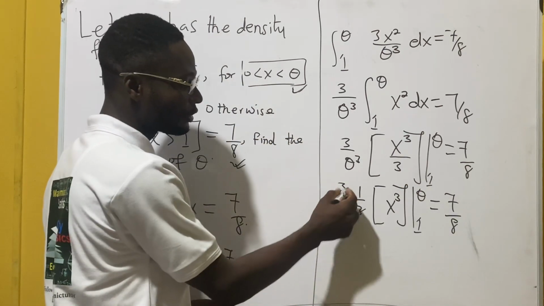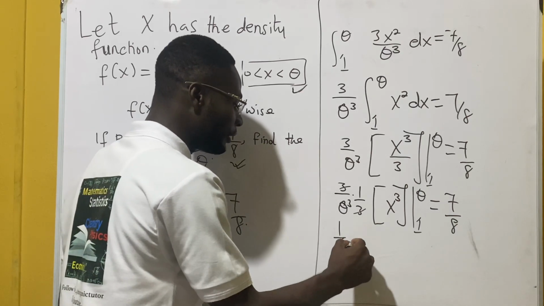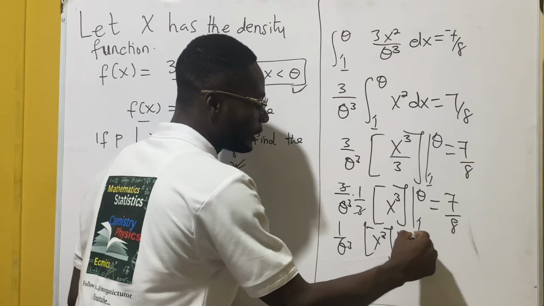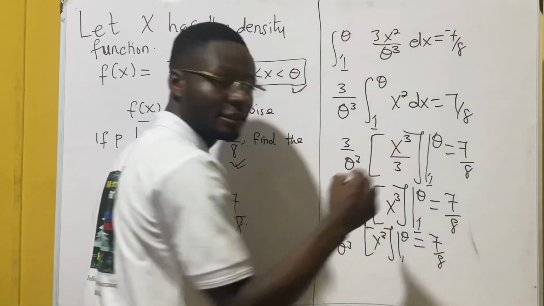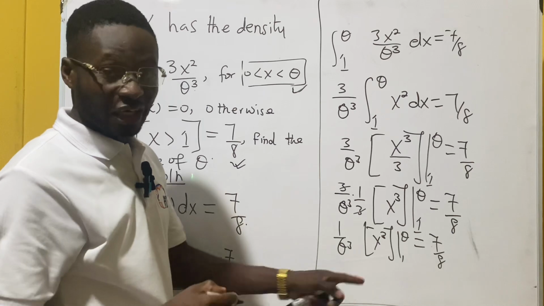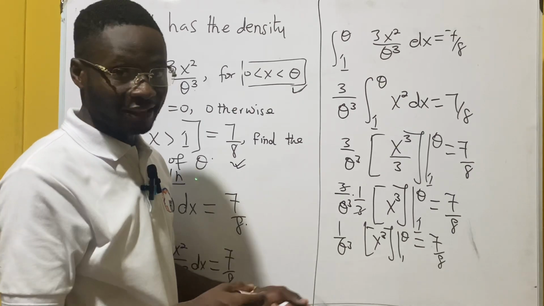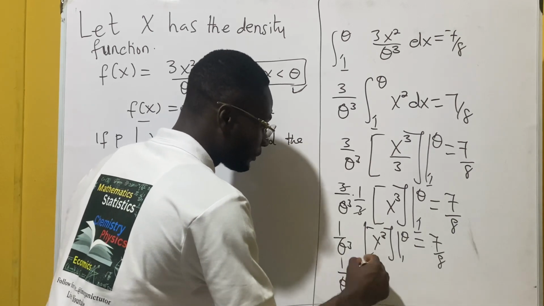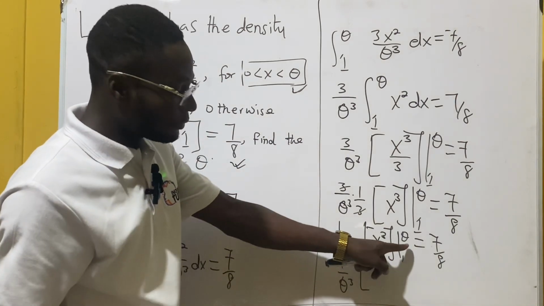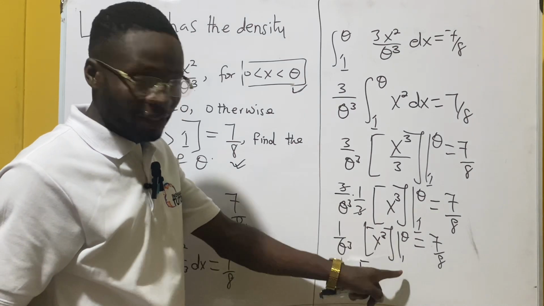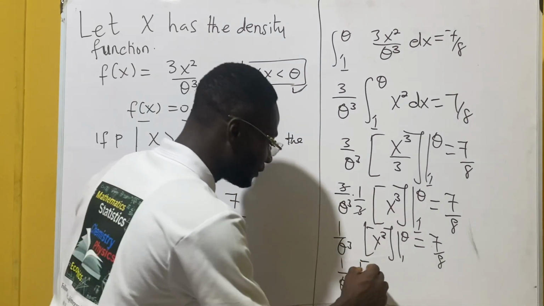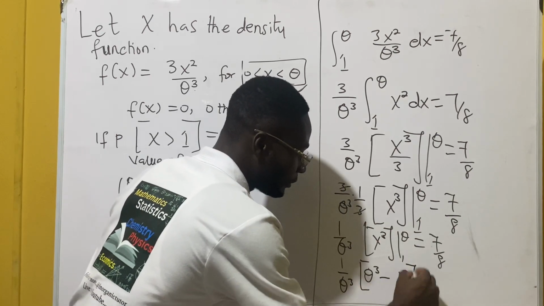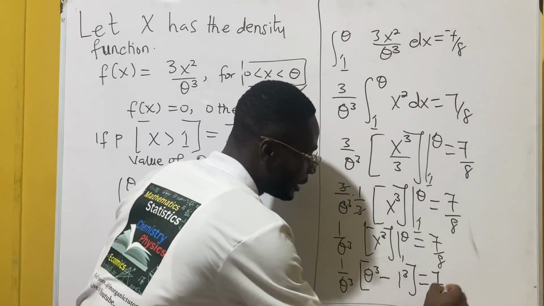So this takes off this, and you have 1 on theta cubed into x cubed from 1 to theta equals 7 on 8. Now you can substitute the limit because it has been simplified. So we have 1 on theta cubed into x cubed, and substituting the limits, we have theta cubed minus 1 cubed, and that is equal to 7 on 8.